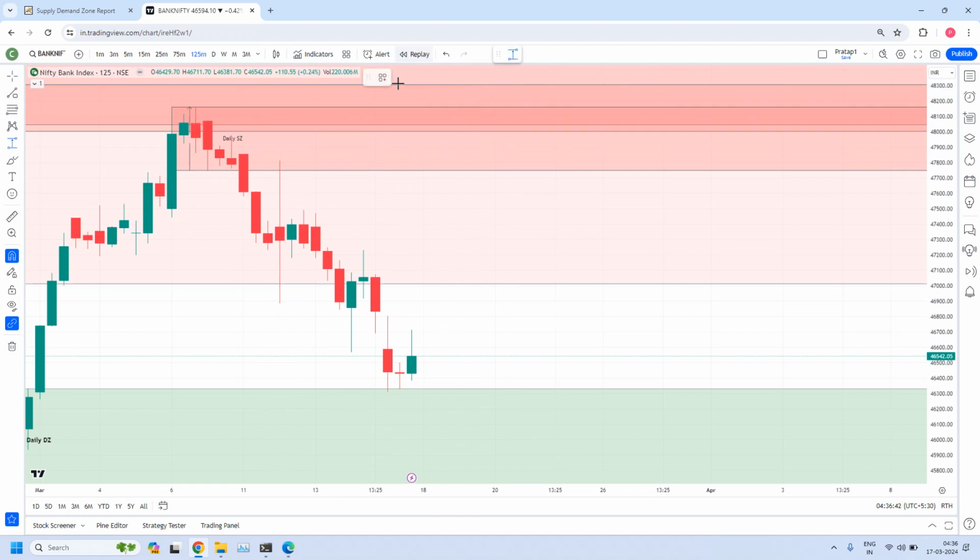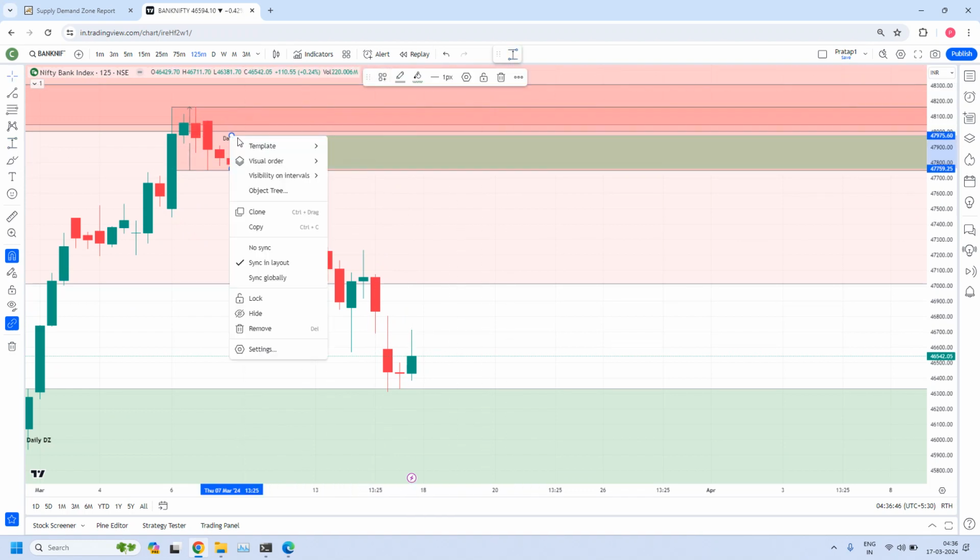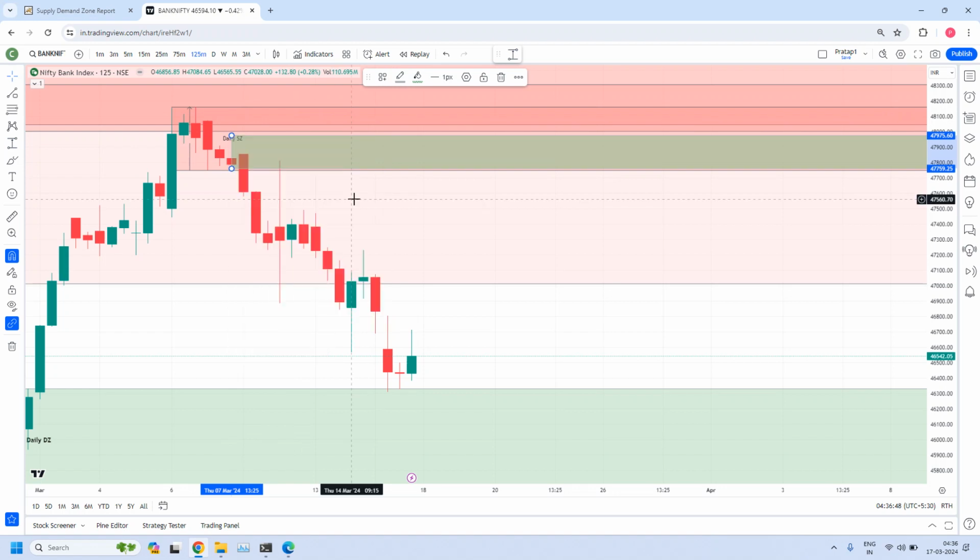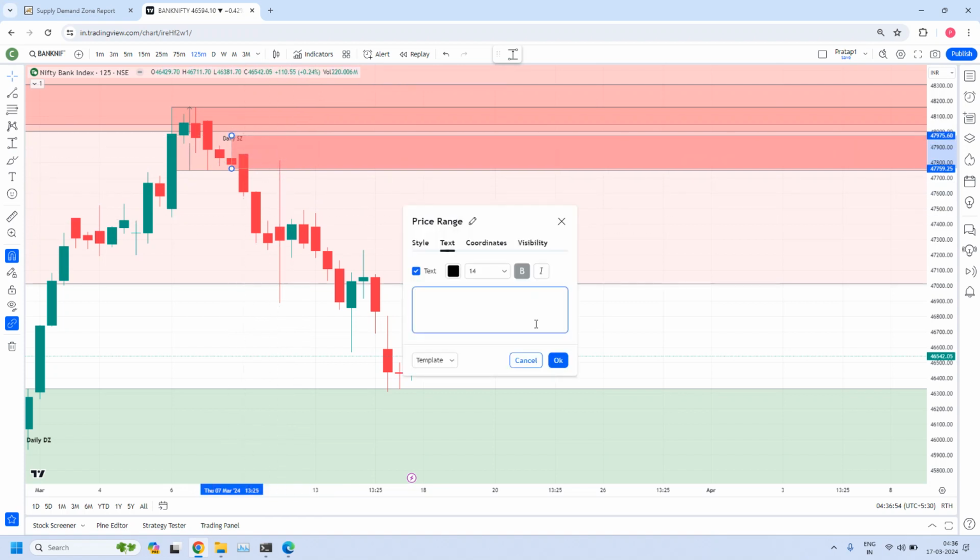So let us draw. So this is the one, but this has already picked up the orders. But anyway, this is a high liquidity zone, which supports multiple trades. This is a 125 minutes high liquidity supply zone.